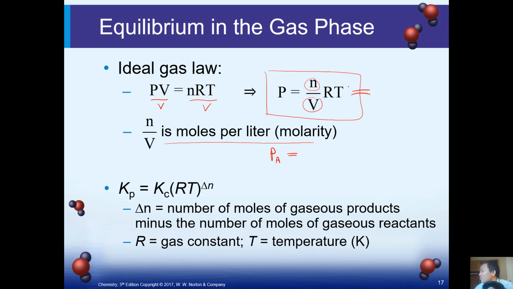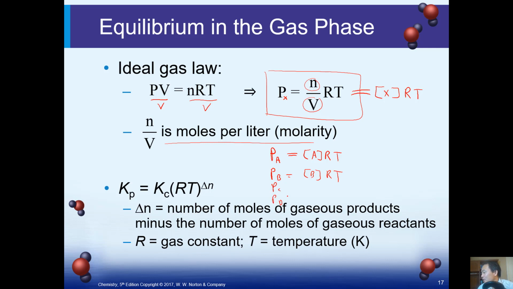The P would be n over V, the concentration for X, times RT, so PX for anything. For substance A, it would be concentration A times RT. For substance B, it would be B times RT, and etc.